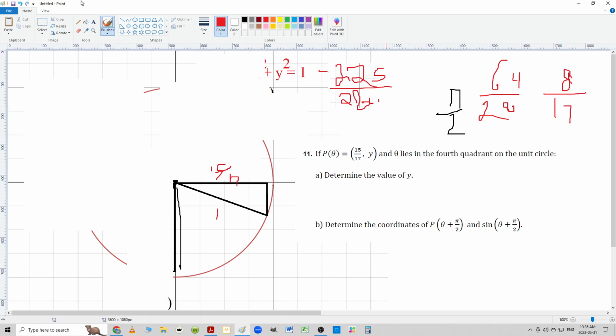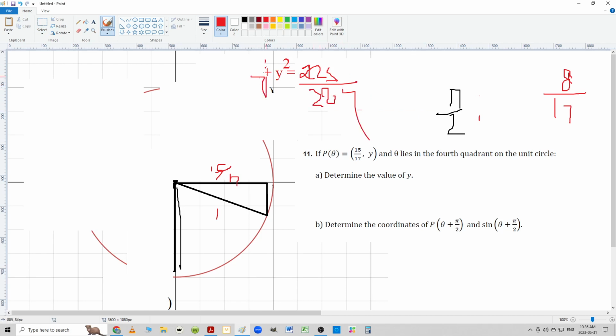Now, the interesting thing about taking a square root, when I determine that y squared is equal to 64 over 289, when you take the square root of both sides of any situation, you have to add a plus minus. And that's because the square root of 9 can be both 3 and minus 3.